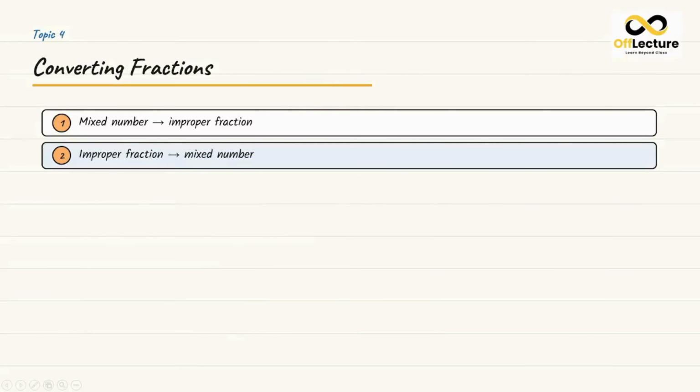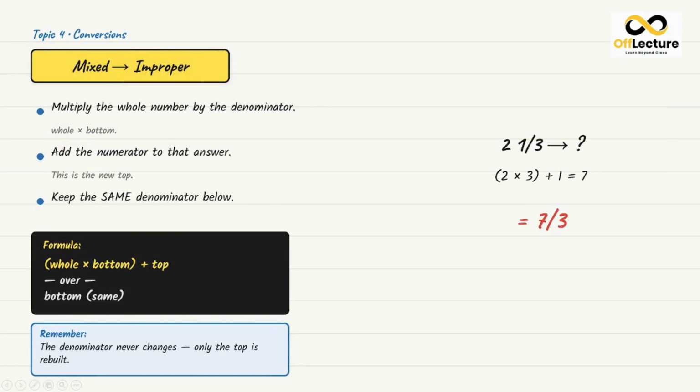There will be two concepts here: how we convert a mixed number into an improper fraction, and vice versa, how we convert an improper fraction into a mixed number. First, let's understand how to convert a mixed number into an improper fraction.